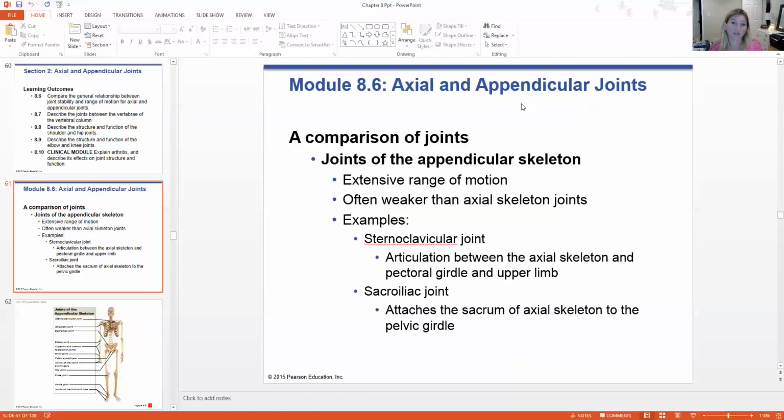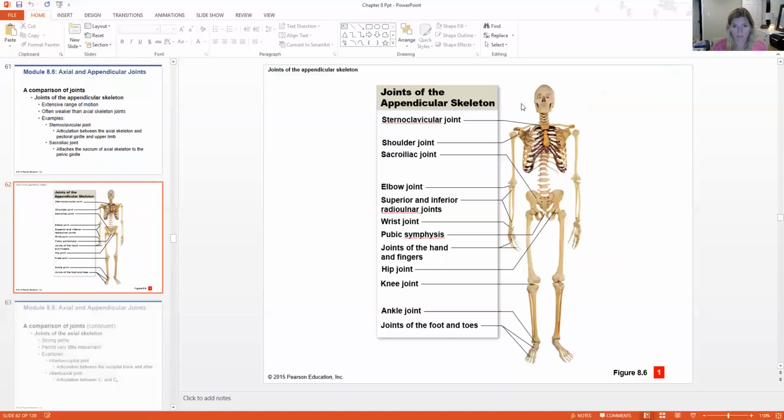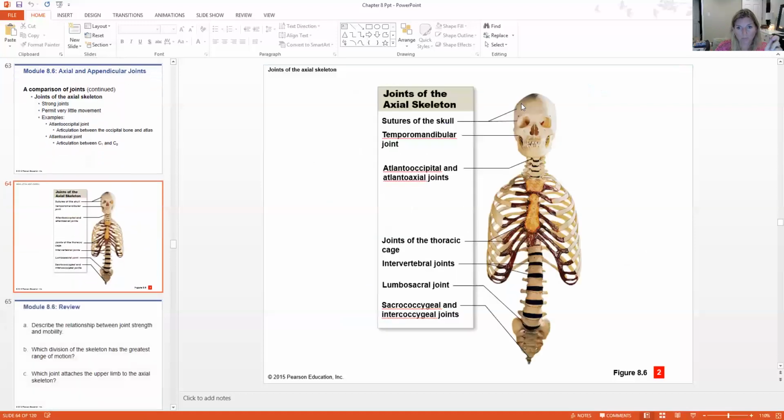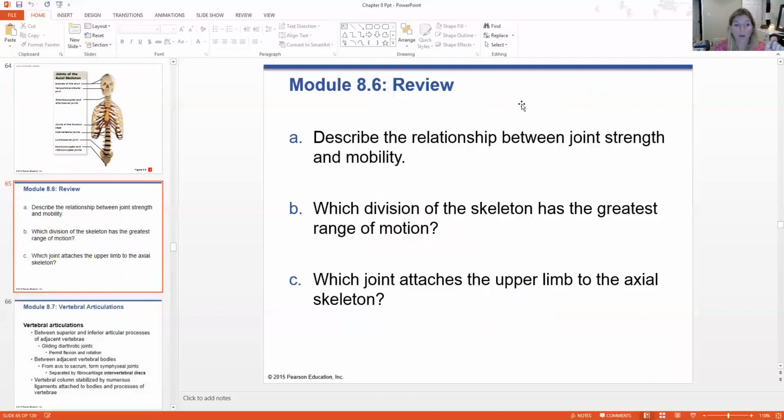Sternoclavicular joint and sacroiliac joint are joints of the axial skeleton that are very strong. So here are some of those joints listed for you. Joints of the axial skeleton are very strong. They have very limited movement. The atlanto-occipital joint, atlanto-axial joint, again, limiting range of motion. There they are. You can pause the video, go back and answer these questions.